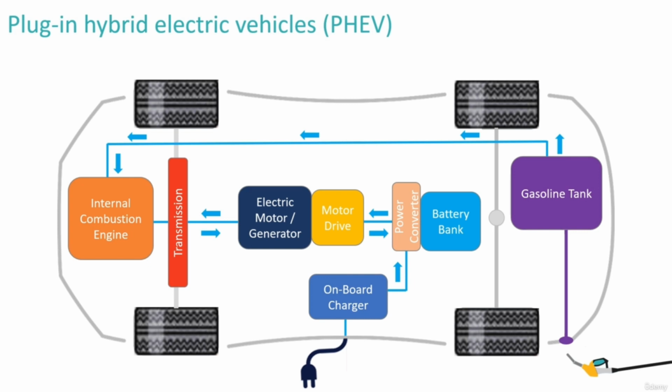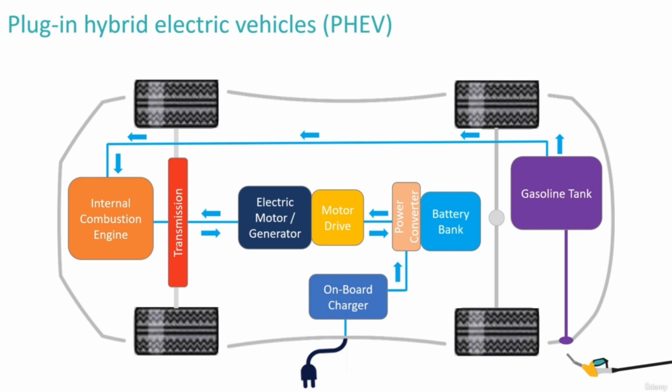Plug-in hybrid electric vehicles are similar to hybrid electric vehicles in that they have both an engine and motor for propulsion. The main difference lies in the fact that PHEV batteries are larger and can be externally charged using the onboard charger. This is beside the fact that the battery can be charged using the internal combustion engine while driving.